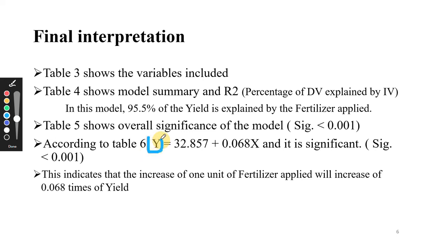This is your intercept value. We already discussed that one. This is your beta value. This is your x, your independent variable. Now it is very clear the sig value is less than 0.001, so therefore this model is accepted.